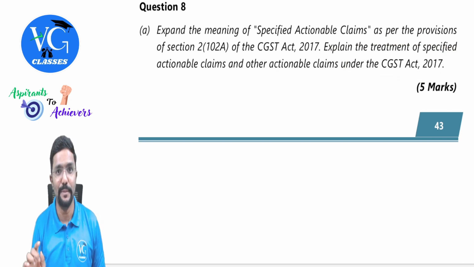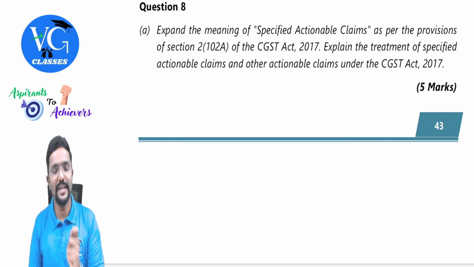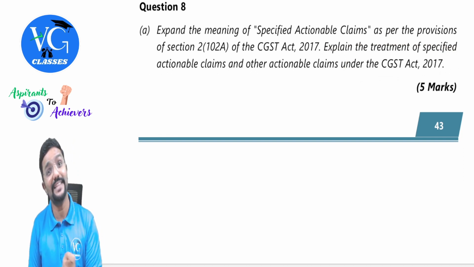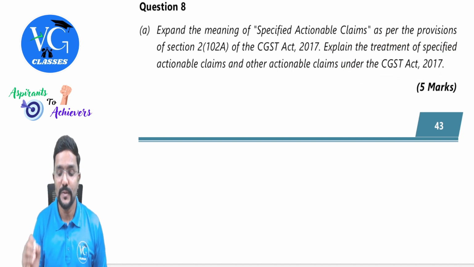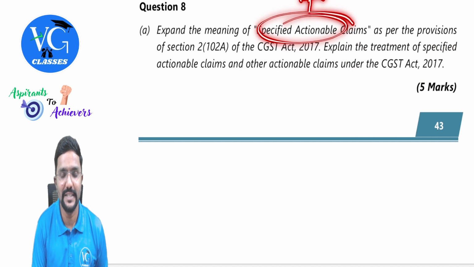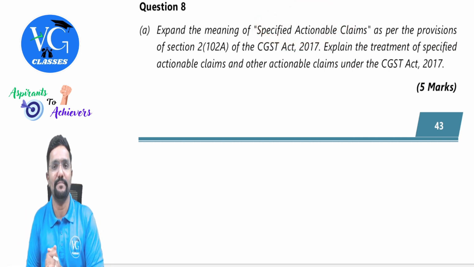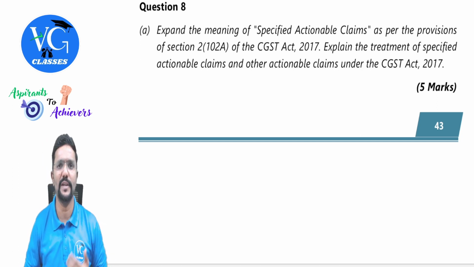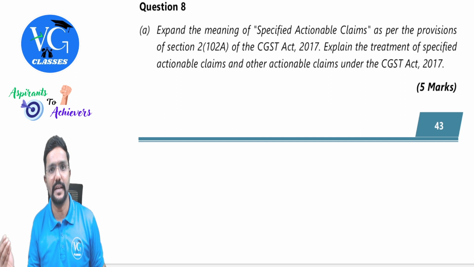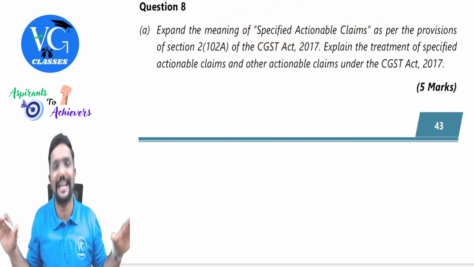That means it is not taxable, but it is other than specified actionable claim. So what is covered in Schedule 3 is actionable claim other than specified actionable claim. Which means specified actionable claim is taxable under GST. Whereas anything else other than specified actionable claim, like insurance policies, or any other thing which is outside the definition of specified actionable claim, is not taxable.